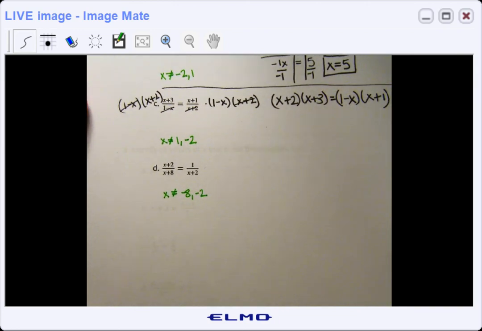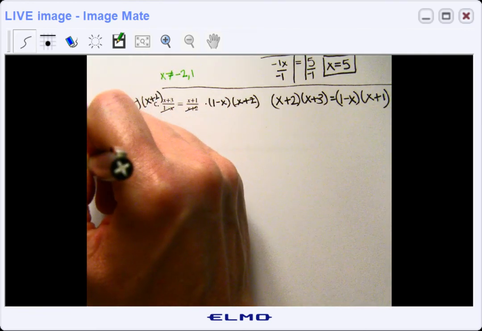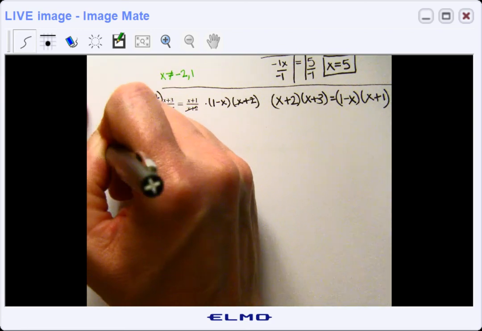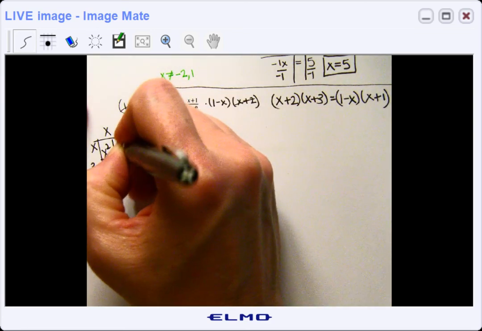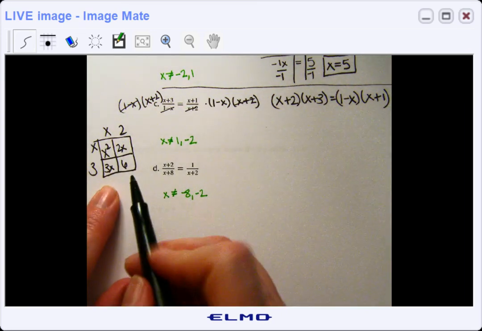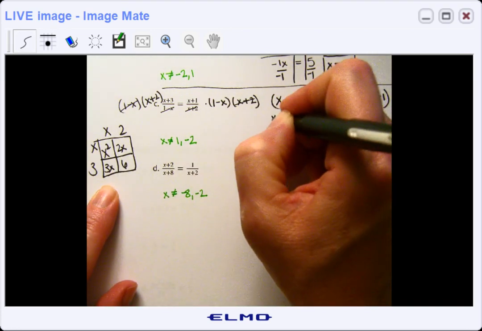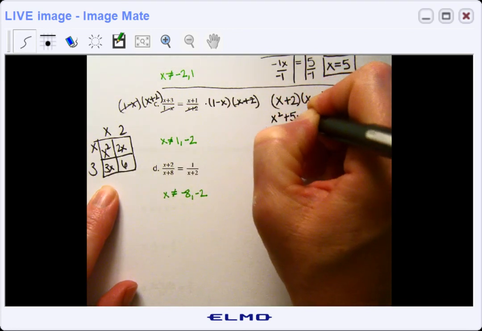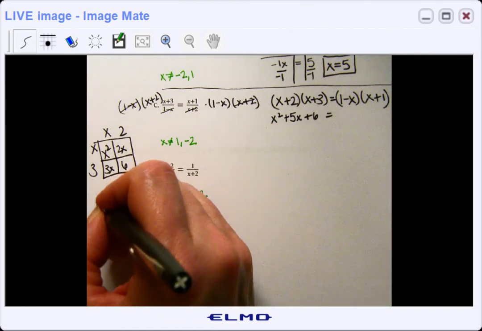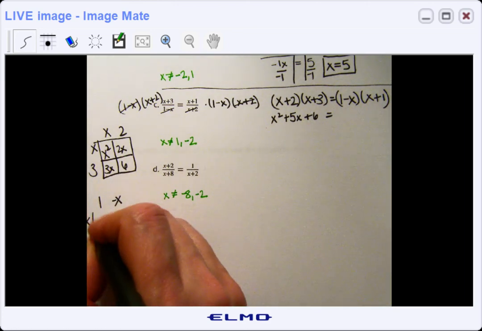And so x plus 2 times x plus 3. That's x squared, 2x, 3x, and 6. So the left side of the equation is equal to x squared plus 5x plus 6. And on the right side, 1 minus x times x plus 1.